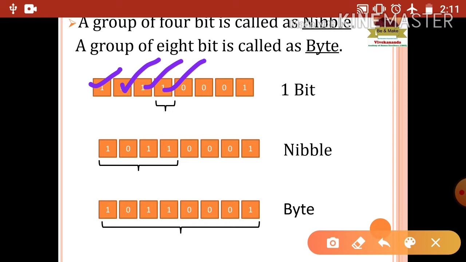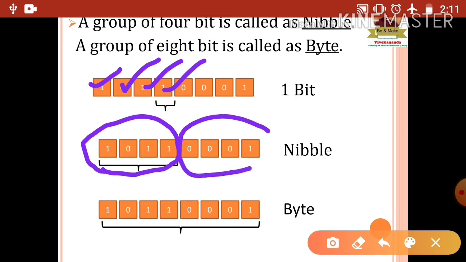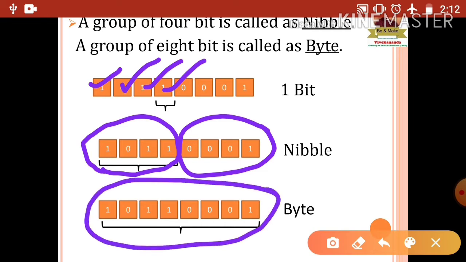When we make a group of 4 such bits, so here I am going to make one group of these 4 bits, and this is another group of 4 bits. This is called a nibble. So a group of 4 bits is called a nibble itself, and a group of all these 8 bits is called a byte.